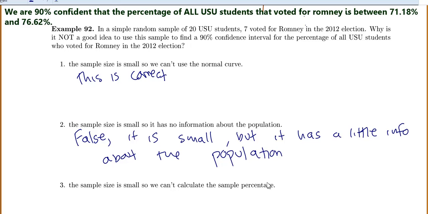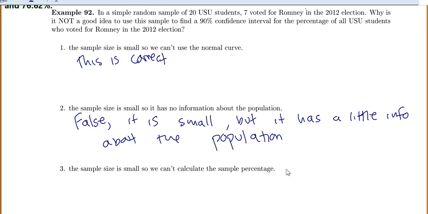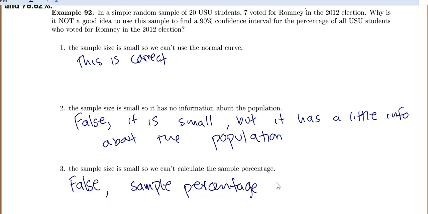And number 3 says the sample size is small, so we can't calculate the sample percentage. This is absolutely false. It doesn't matter how big your sample is, you can still calculate the sample percentage. Sample percentage is 7 out of 20 times 100%, which is 35%.